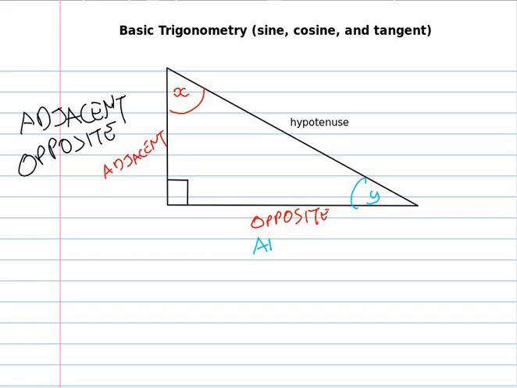So now this side is the adjacent, and for angle Y, this side would be the opposite because it is opposite the angle, and this one is adjacent to the angle. Just like when looking at angle X, this side is opposite and this side is adjacent.